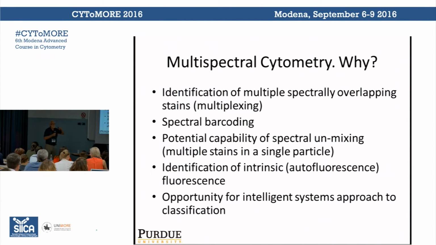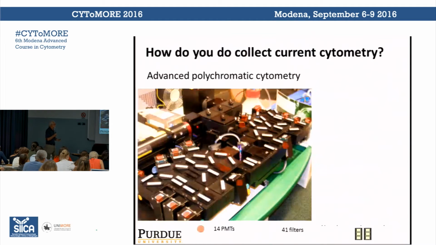So what we're saying is that one of the reasons for doing spectral analysis is to separate out spectrally overlapping stains. So then what you can do is spectrally barcode. It's just a nice word for saying it's a fingerprint. And the idea is that you have the potential for unmixing many, many stains in a single particle and determining what autofluorescence is. And then you have a potential of putting this into an intelligent processing system.